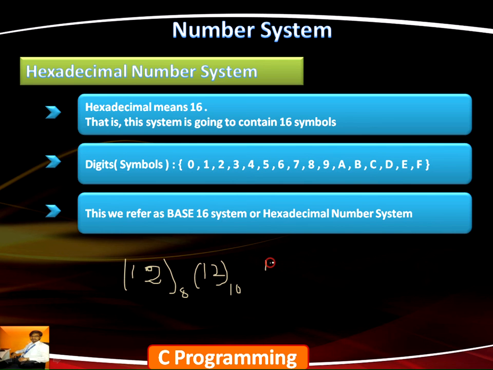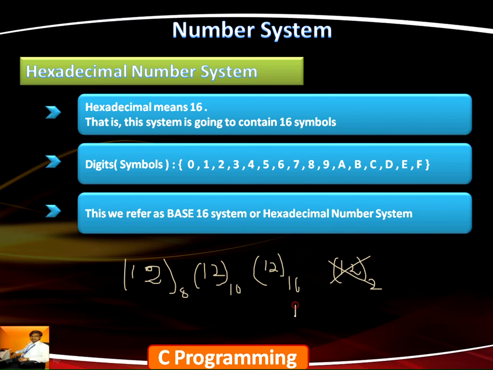Yes, it is possible. And 12 can even be considered as a base 16 number because these digits are present. But 12 is not a valid binary number because 2 is not present, so it is not going to be considered.